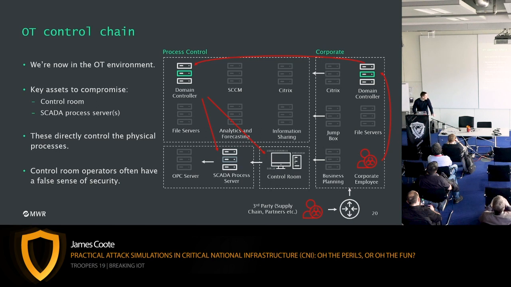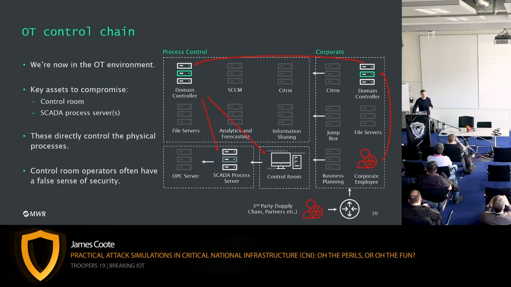We also find that the operators themselves have a false sense of security. They may consider themselves isolated, or in some cases, they think they're air-gapped away from the rest of the network, and so they tend to have a lax security posture. We typically find the workstations they're using are unpatched Windows 7 boxes.